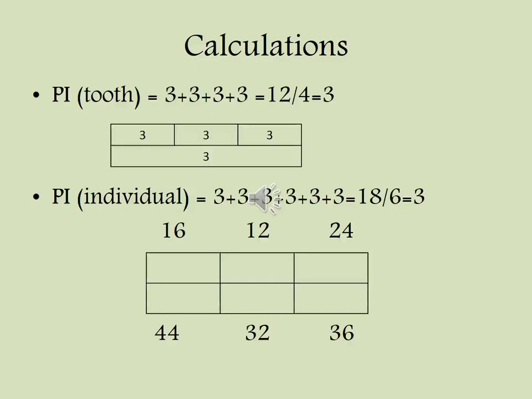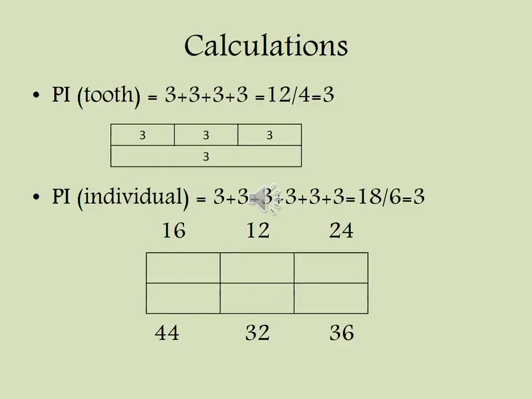To calculate the plaque index for each index tooth, we add all the scores of 4 surfaces of each tooth and divide it by 4 so that we get the plaque index for that particular index tooth.